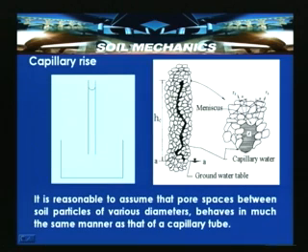If you look into this, this behavior can be simulated by something analogous to capillary tube phenomena, where immersing an open-ended tube in a vessel of water can simulate this condition.